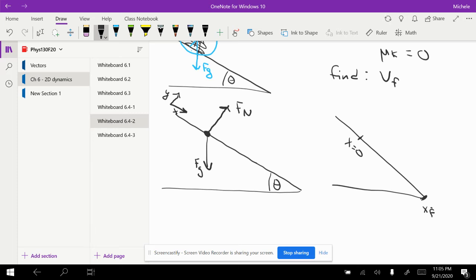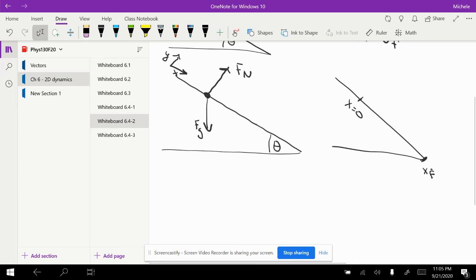Okay, and so what I need to do then is break up my components, the x direction and the y direction. I can see the y direction is the force of the normal, but my FG has both x and y components. So I want to find the x and y components of force of gravity. This is going to be a right triangle.